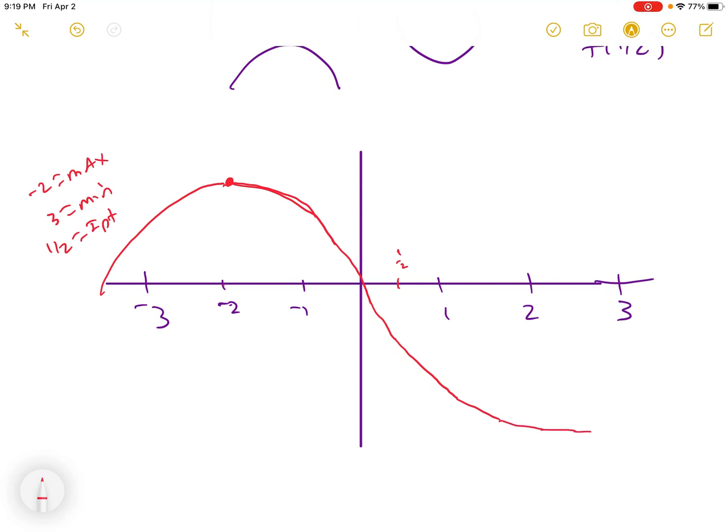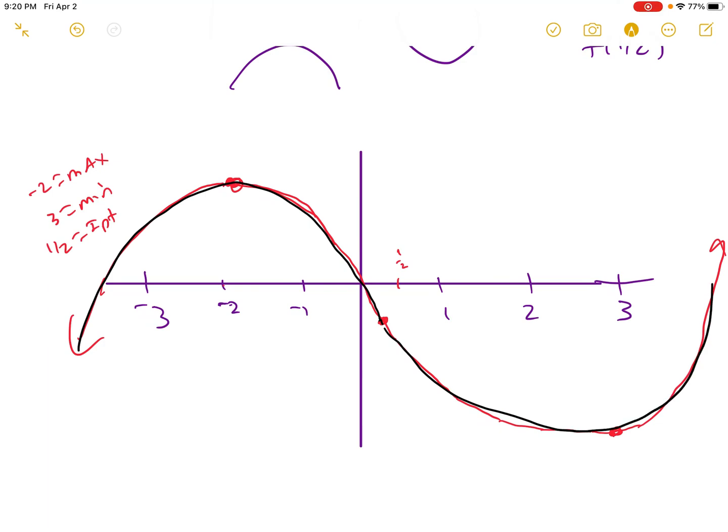And then I know at 3 I have a minimum down here like that. And this is a graph. Here's my inflection point. This is the concave up bit. There's my max. And this is the concave down bit. So this works. And your graph could look completely different than this. It would have had the same shape, but it just would have been maybe higher or lower.